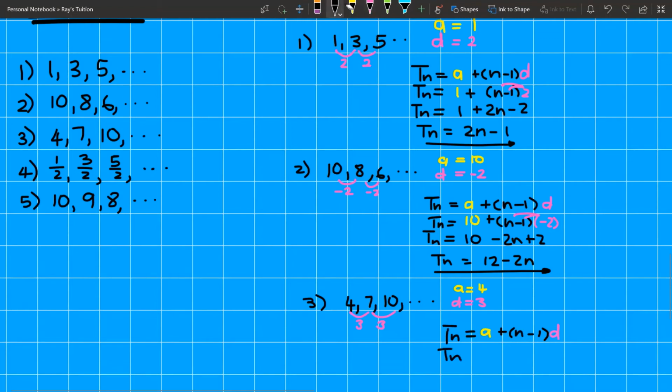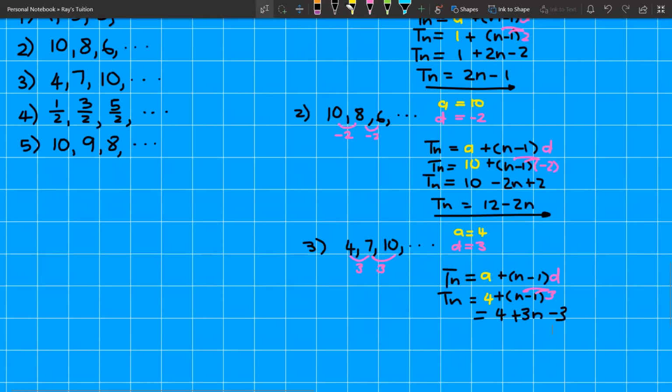So Tn is equal to 4 plus n minus 1 times 3, and that 3 we just remember to distribute, and then we get 4 plus 3n minus 3. So our general formula is Tn is equal to 3n plus 1.